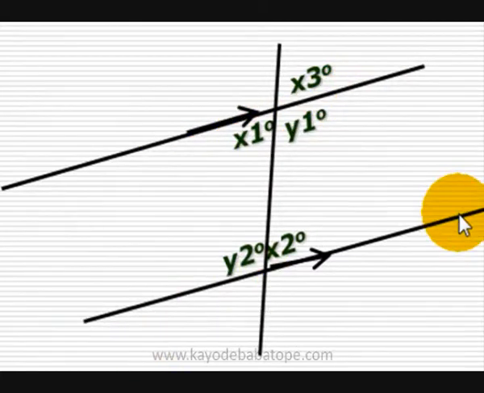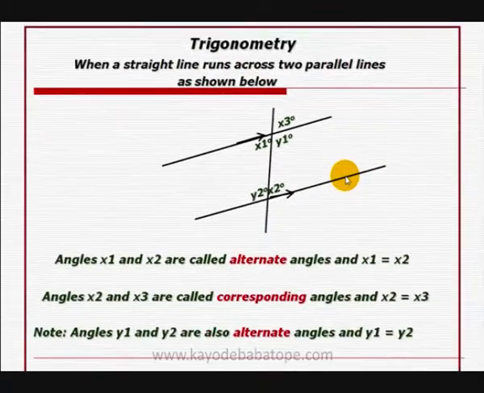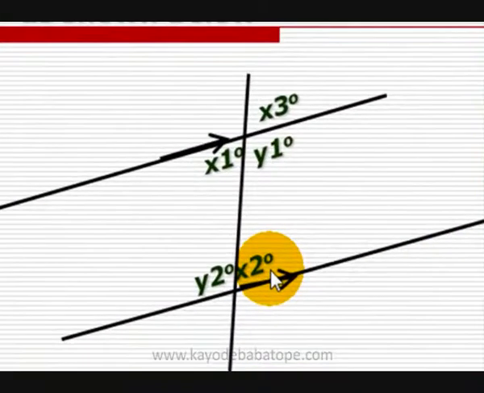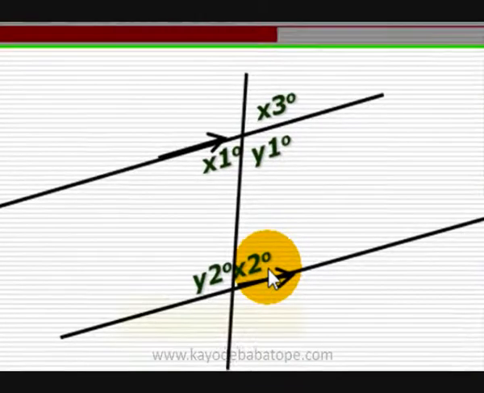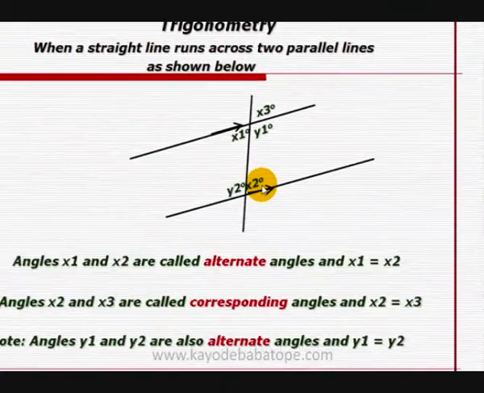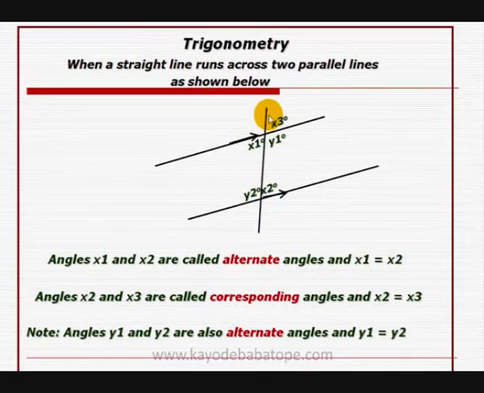So long as you have ascertained that the two lines are parallel, when another line runs through them, the angles at the corner of the Z shape that is formed are called alternate angles, and the E angles that are formed are called corresponding angles. Also here you can still see what we discussed earlier, vertically opposite angles, when two straight lines cross each other.